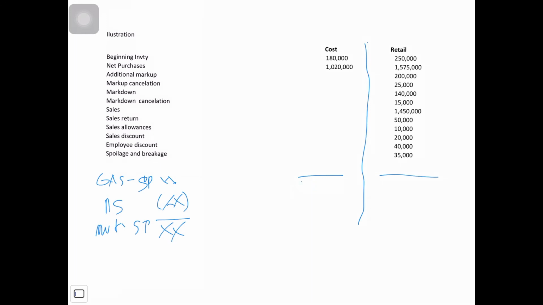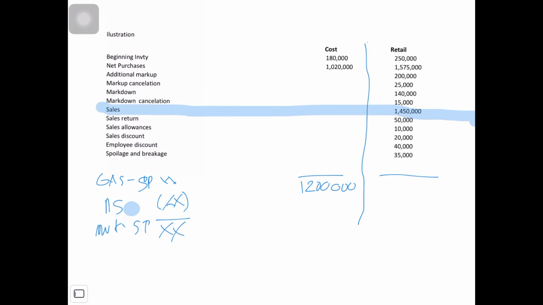So, it would be 1,200,000. Then at retail, the portion below is for sales, so it is not affected. The top is for goods available for sale.